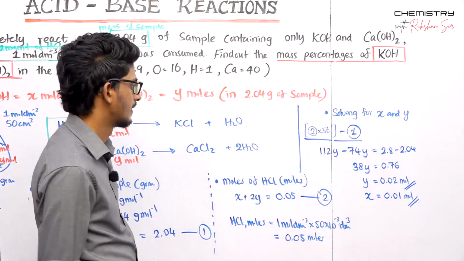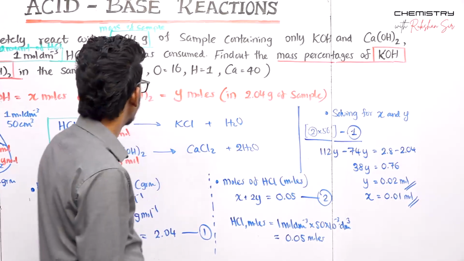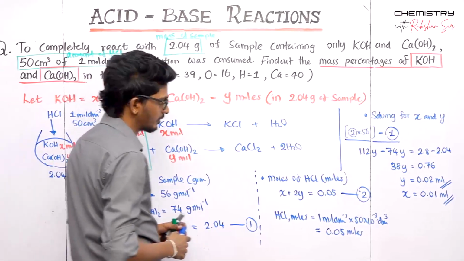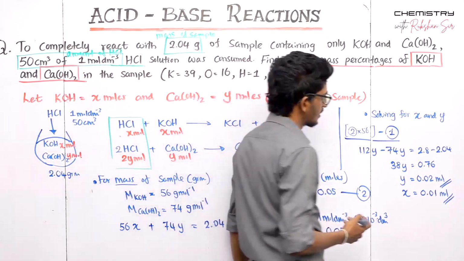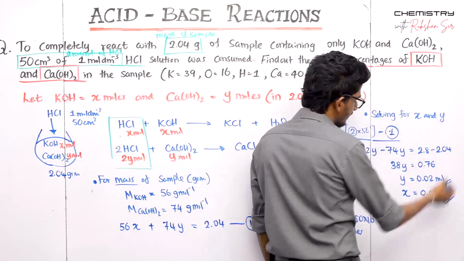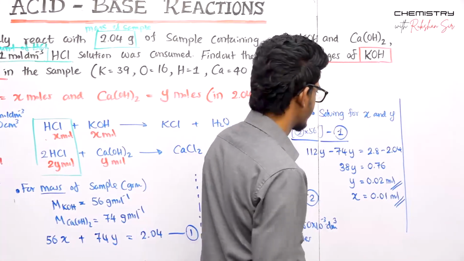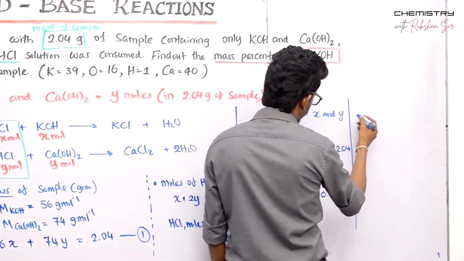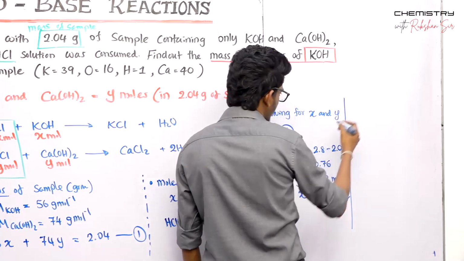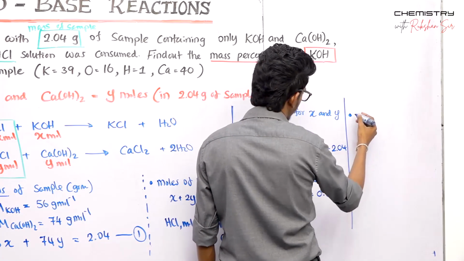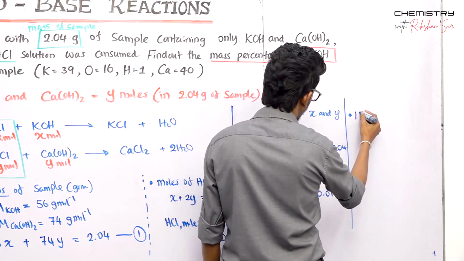Right? Now, finally, we need to come up with the mass percentages. Let's do the calculation for the mass percentages. First, let's come up with the KOH.